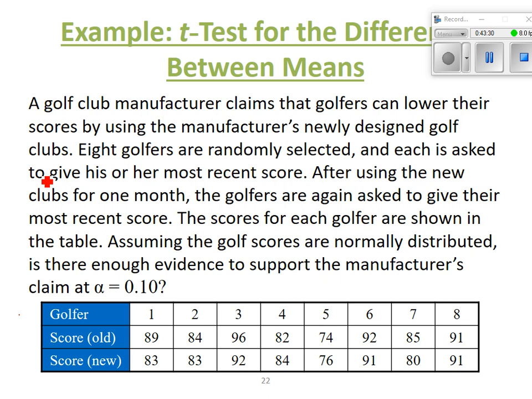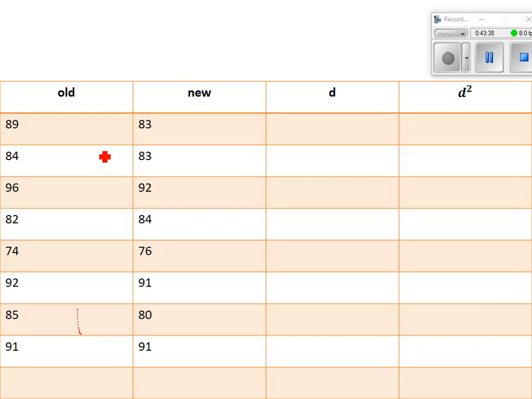Now, the next thing we need to do is find our T. But before we can find our T, we have to make this chart, and it's not hard to make. This is our first sample, this is our second sample.